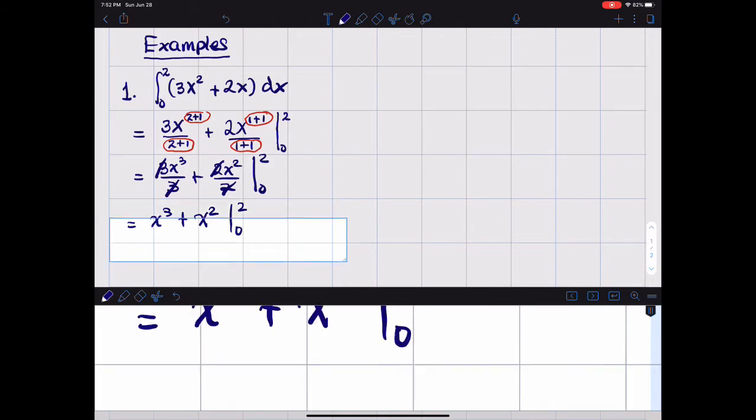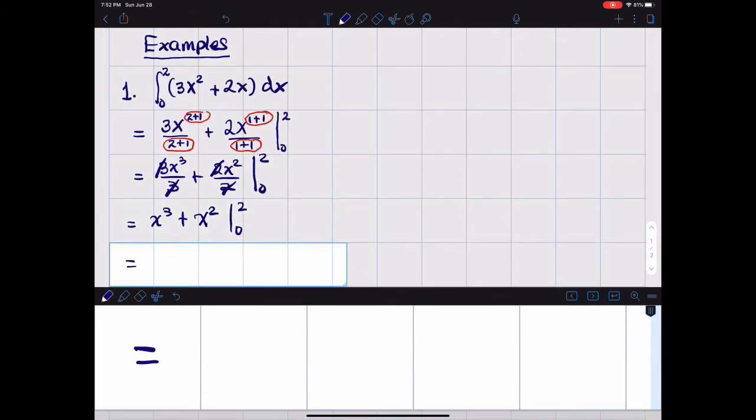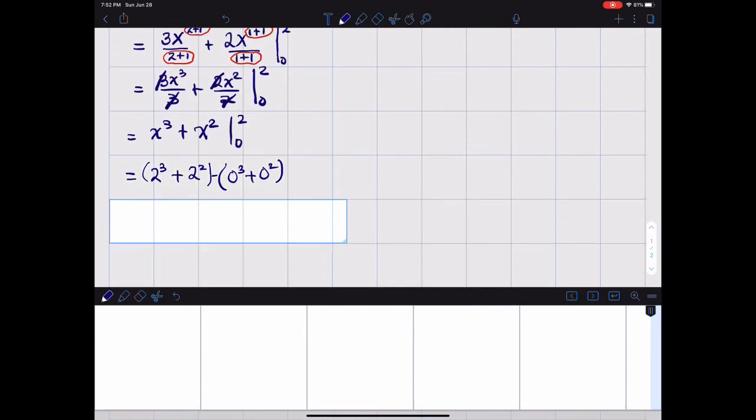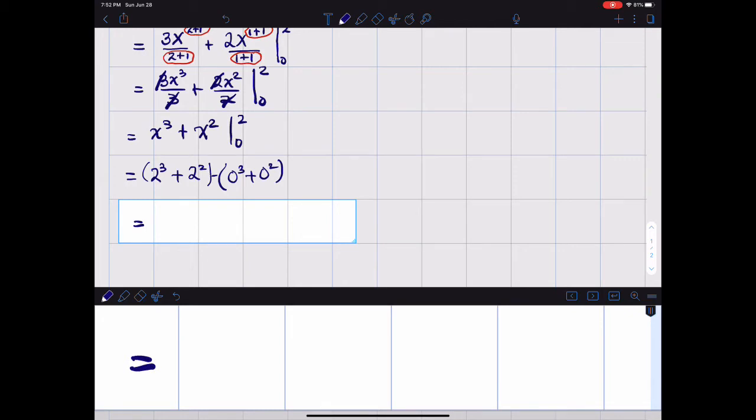Plug in 0 and 2. So this becomes 2 cubed plus 2 squared minus 0 cubed plus 0 squared. This is equal to 8 plus 4, so this is a nice 12.